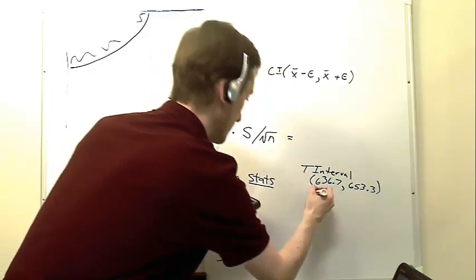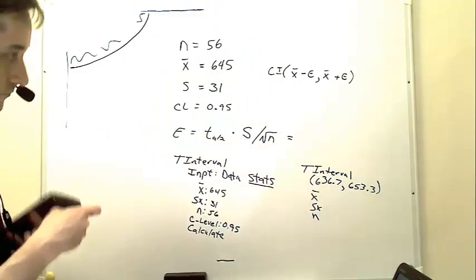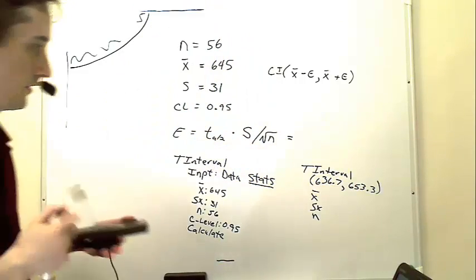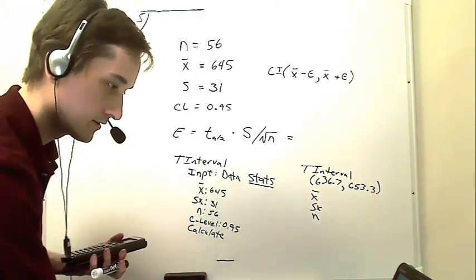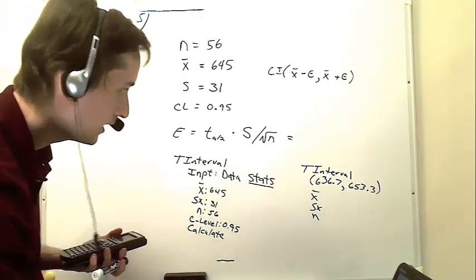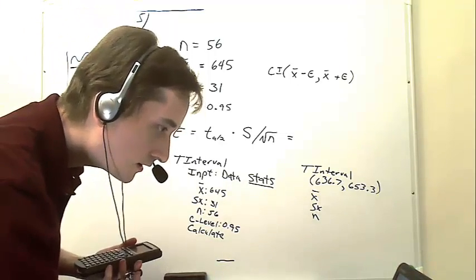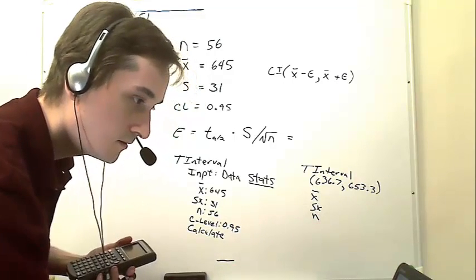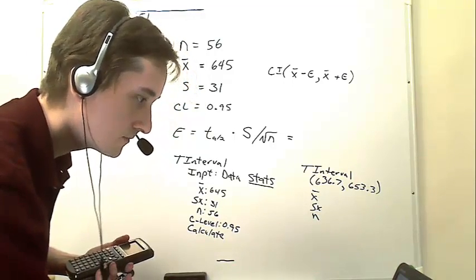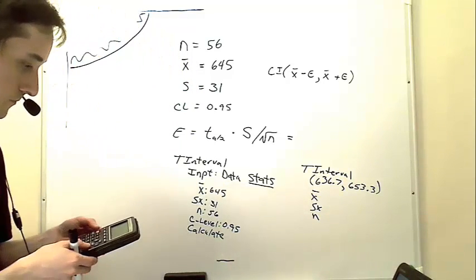And then it repeats what x bar and s of x is and n, but I don't need to put those there. All I'm interested in is that second line. So let's see if that's one of my answers. 636.9 to 653.1. Don't know what the discrepancy is, but I'll go for it. I'm going to say that's the answer.